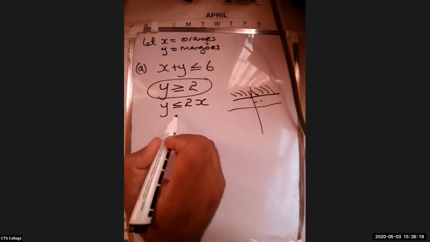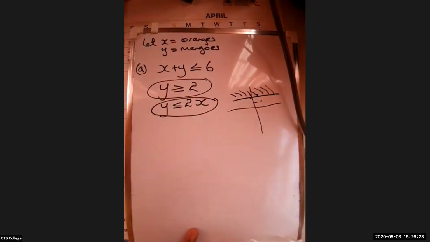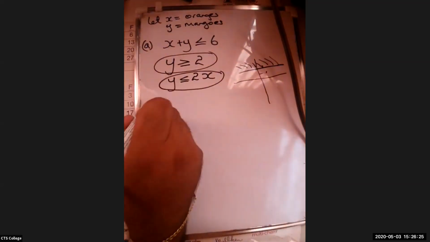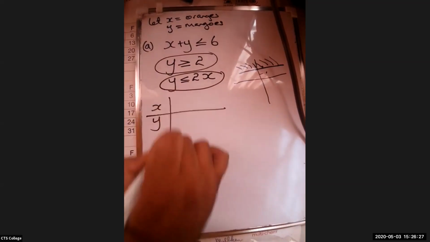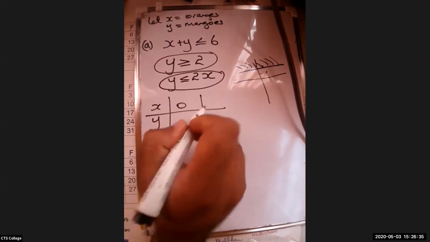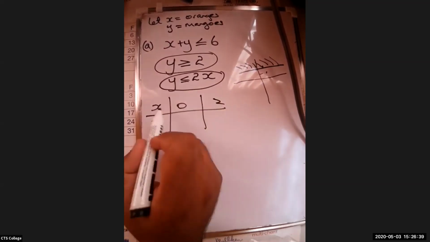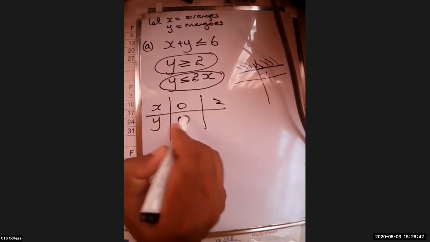The next easier one is this one here. So for this one, we can do a table of values. So we have our X coordinate and our Y coordinate. So we choose any random values of X. Let's say I would choose 0, and let's say I choose 2. So when X is 0, 2 by 0 is 0, so Y will be 0.